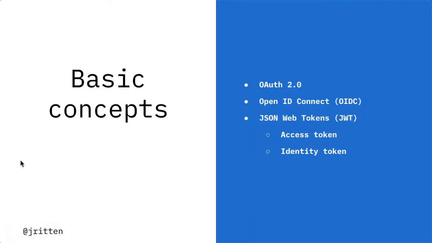OIDC is an authentication layer that works with OAuth 2. OAuth 2.0 is about resource access and sharing, basically a way to get an access token. And OIDC is all about user authentication. A JSON web token is a way that the access tokens and the identity tokens are represented.